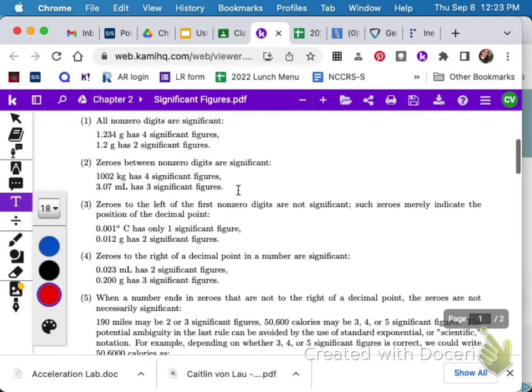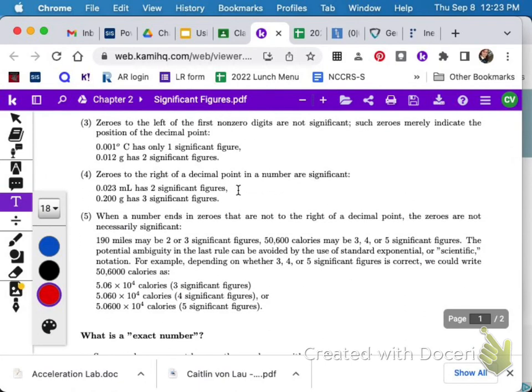And when a number ends in zeros that are not to the right of the decimal point, those zeros are not necessarily significant. 190 could be 2 significant figures if they didn't measure that last digit, and it could be 3 if they did measure it. So you can do one of 2 things. You can either put a decimal point at the end of that number.